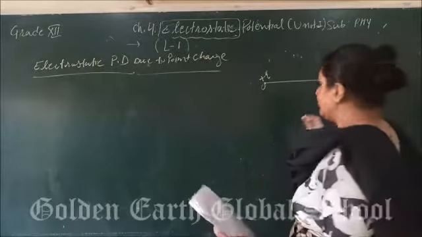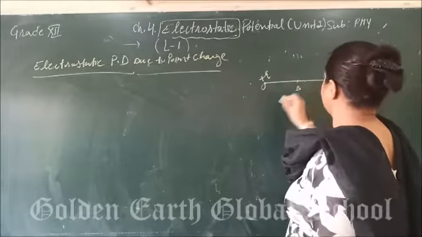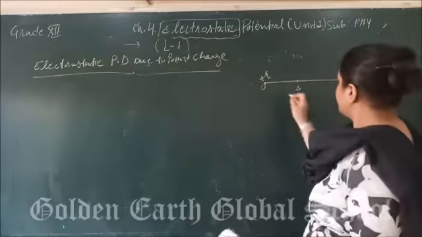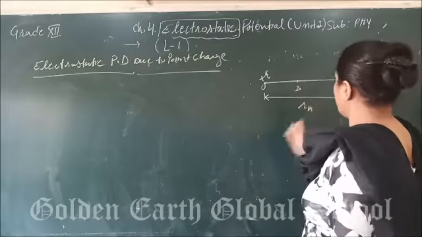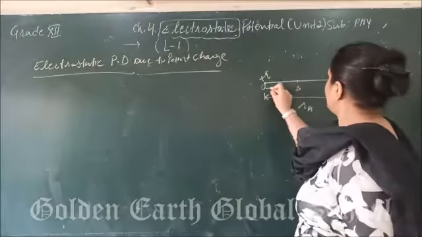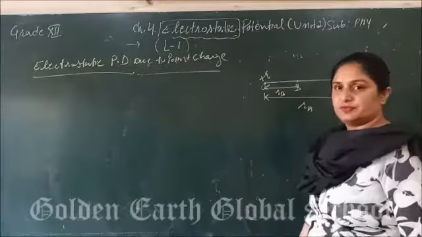If we are going to take the measurement from the right hand side. Now let us suppose we are going to move the charge from point A to B, such that point A is at distance RA from the origin and point B is at distance RB from the origin.